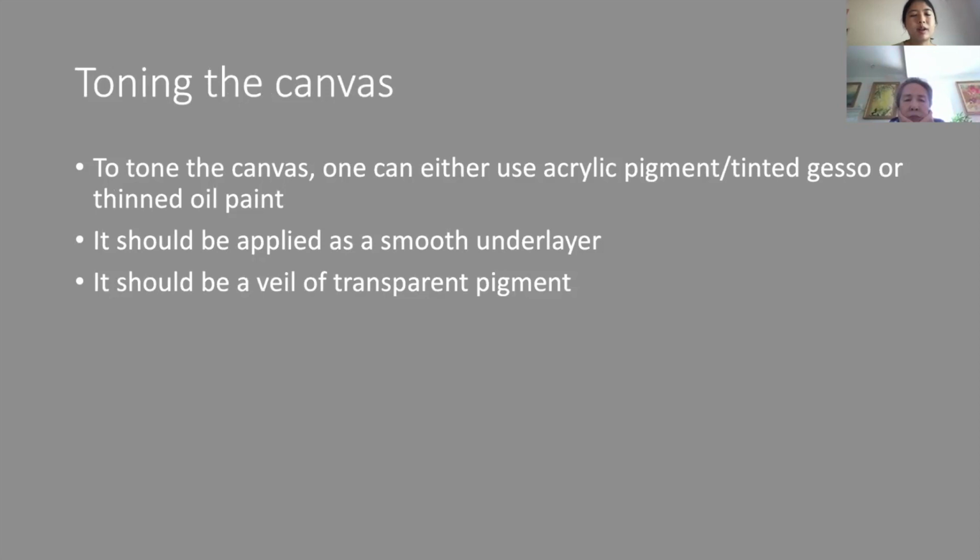And to tone the canvas, one can either use acrylic pigment or tinted gesso or thinned oil paint. It should be applied as a smooth underlayer, and it should be a veil of transparent pigment.